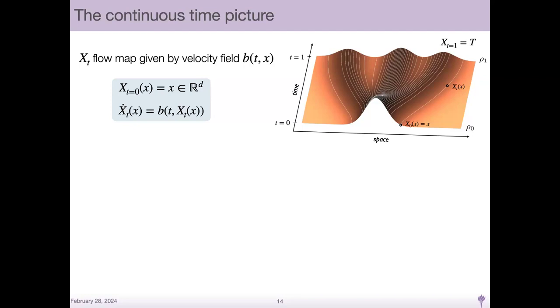Okay, so X_t(x) is going to be some sample from the intermediate density rho t. And if I go all the way to t equals 1, then if this is all learned perfectly, if I know what the b is that does this, then this is going to end up exactly as a sample under rho 1. Okay, so it's a way for me to endow this map, right? And we say the flow map all the way to time t equals 1 is the transformation that I want.